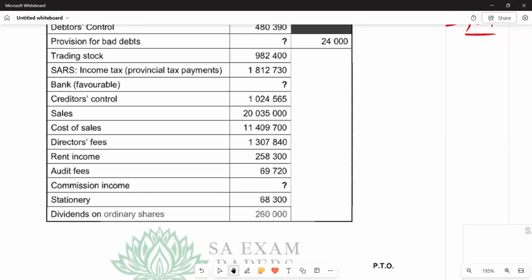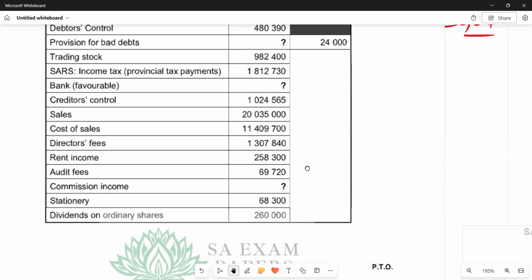But if you go down the expenses, you would see that we have got the issue of director's fees. Here we have got director's fees. So we can just try to see if we have got any adjustment that is affecting director's fees. Remember, after identifying the expense, you don't have to put it as it is. You first check if there are any adjustments that are affecting director's fees. If they are not, you can check the figure as it is and put it in the statement of comprehensive income.